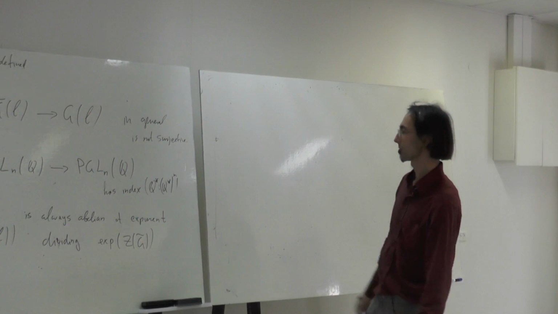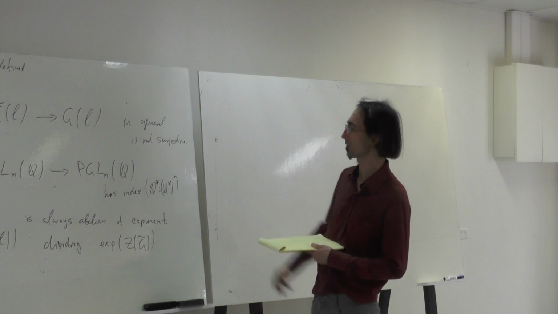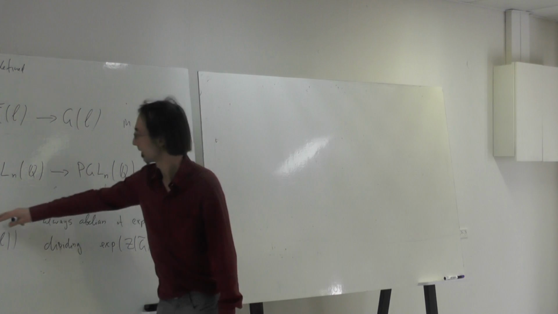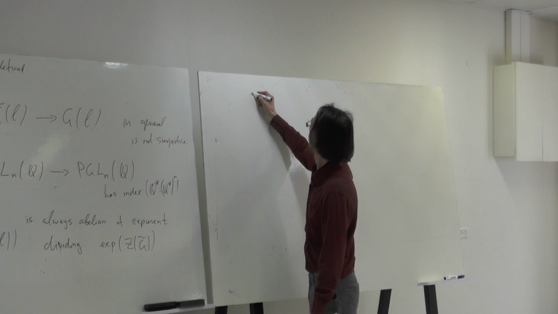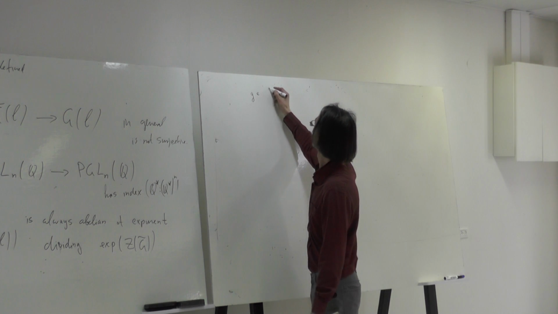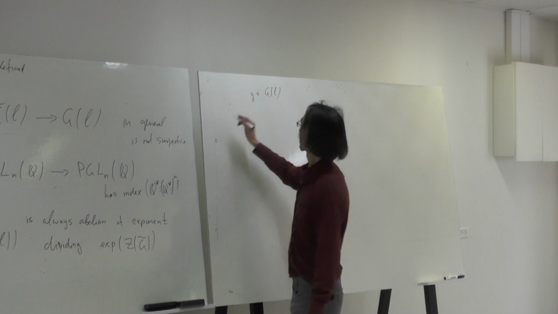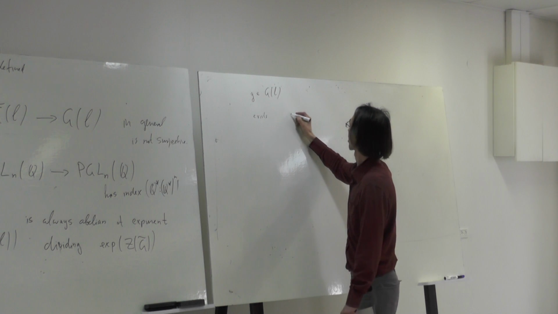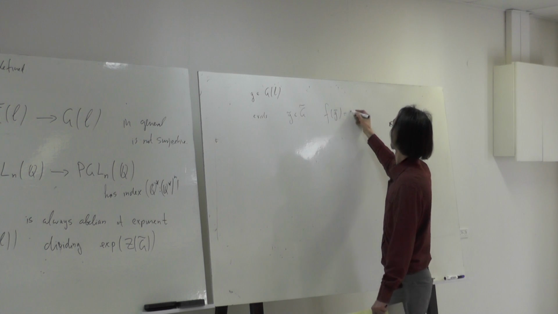There's a way to reduce this using Galois homology and so on, but it's much simpler because if we look at some g in G of L, then it is the image of something, so there exists some g tilde in G tilde such that f of g tilde is equal to g.